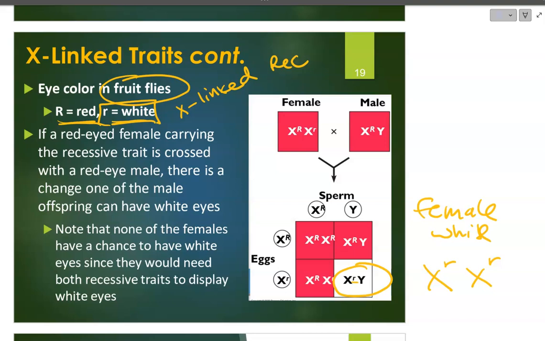So her father would have to have white eyes to give this to her. And then her mother would have to have white eyes or be a carrier to give this to her. Because remember, parents only pass on one of those alleles to their offspring. So a female is always going to pass on an X. It just depends what she's carrying on those. And then a male can pass on an X or a Y.